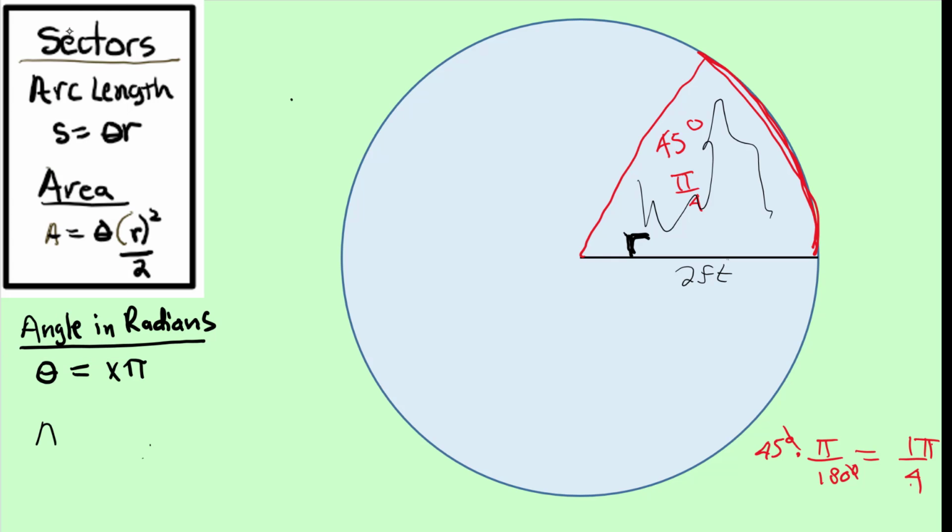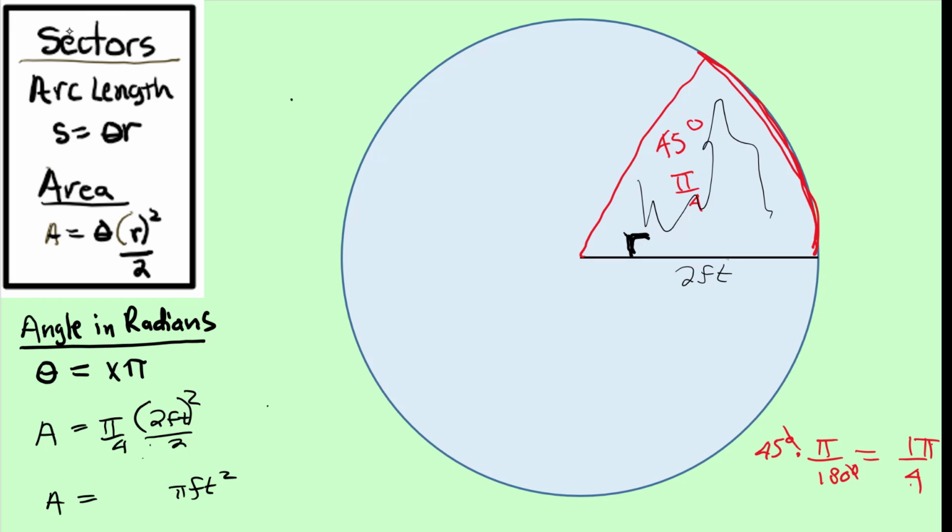So area is the theta, pi fourths, times the radius, so 2 feet, squared, divided by 2. Yep. And so then 2 feet squared is 4 feet. 4 feet divided by 2 is 2 feet. And then remember, the feet will be squared. So we'll have pi feet squared.